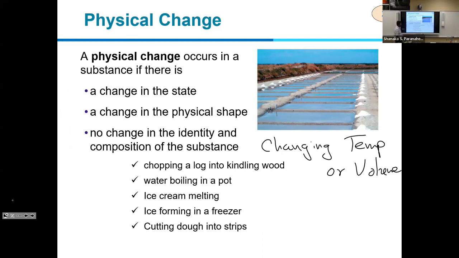For example, when solid ice melts into liquid water, it's just a physical change because it's a change of state. The example: ice melting to form water.